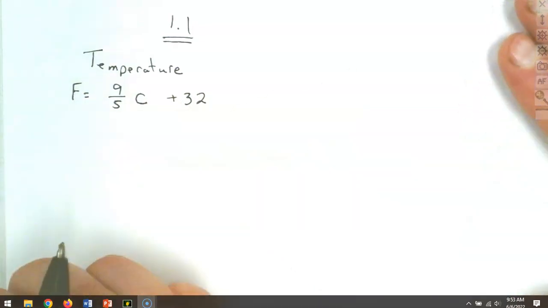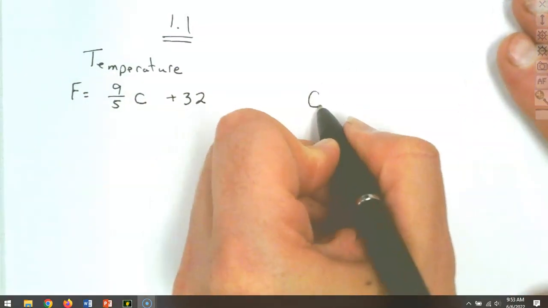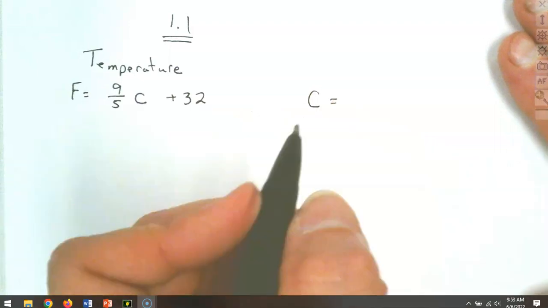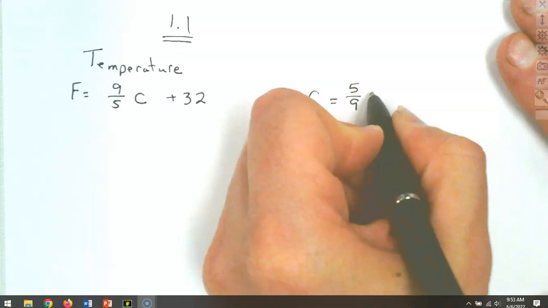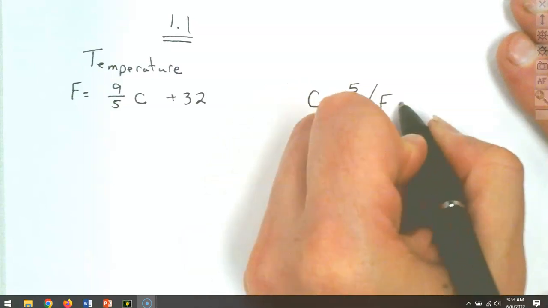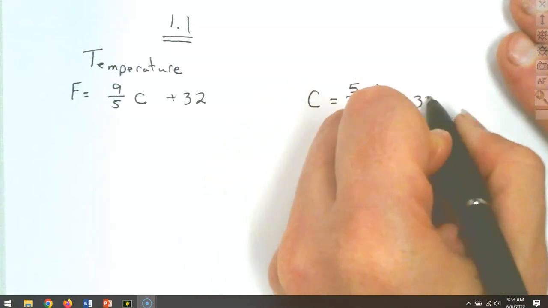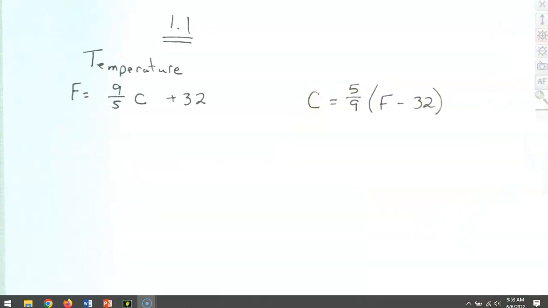So that's one formula. Your Celsius scale relating to Fahrenheit is going to be C equals 5/9 times F minus 32. And we're going to use these formulas to convert back and forth.